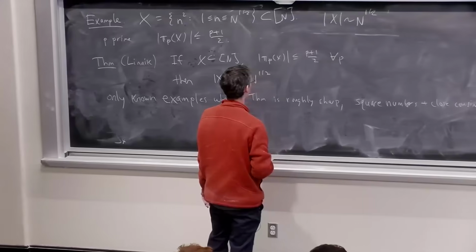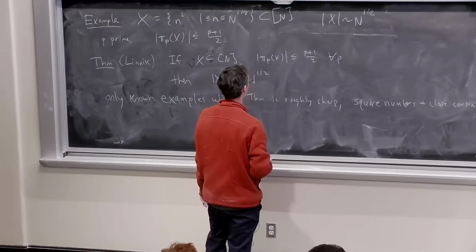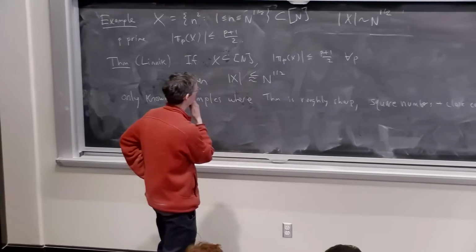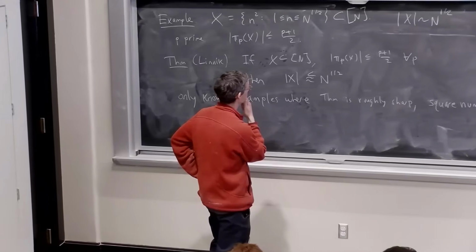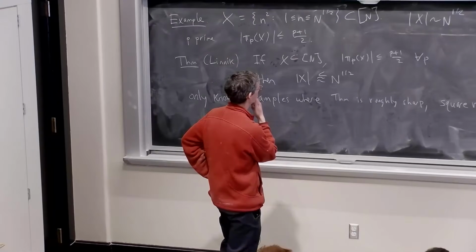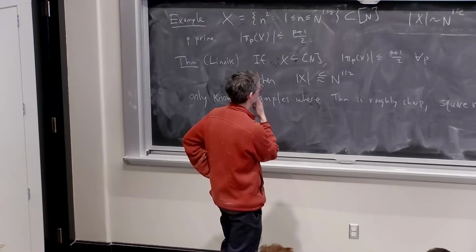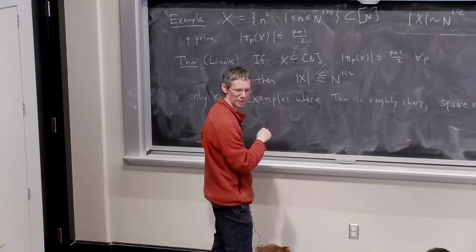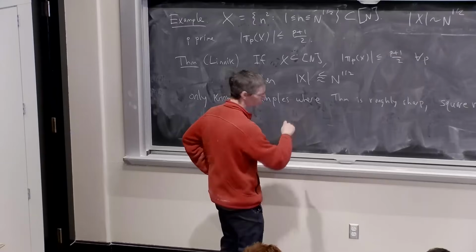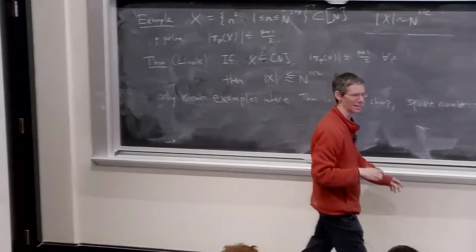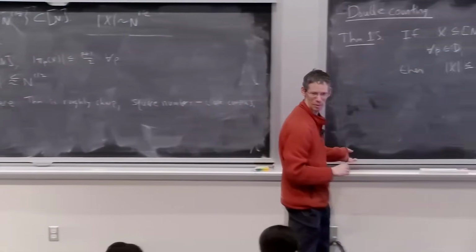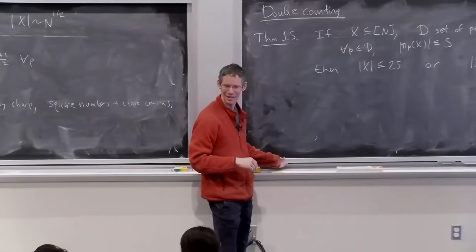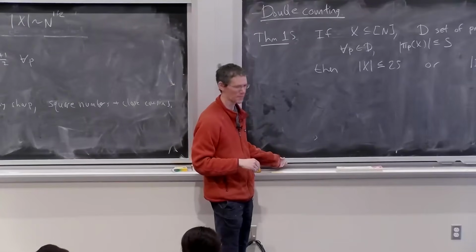Well, this may not quite work for this. Actually, I'm not sure if this will imply Linnik's theorem. Linnik proved his theorem with the Fourier method. Let's come back to that next time. I think we have just enough time to do the nice double counting argument and then do the Fourier next time.